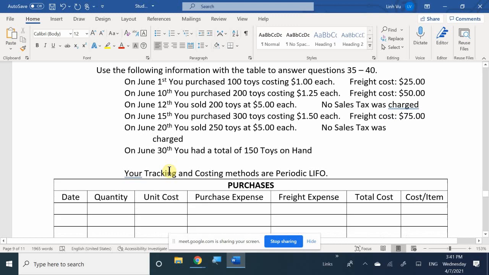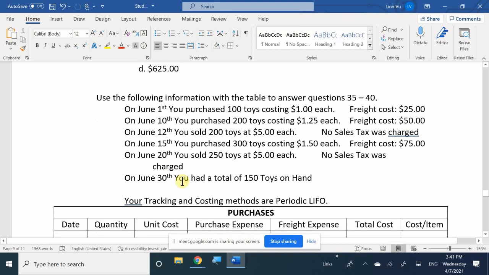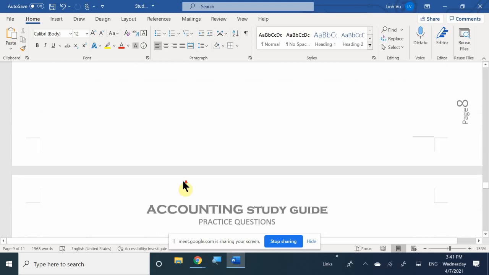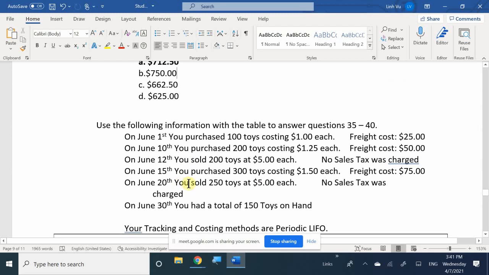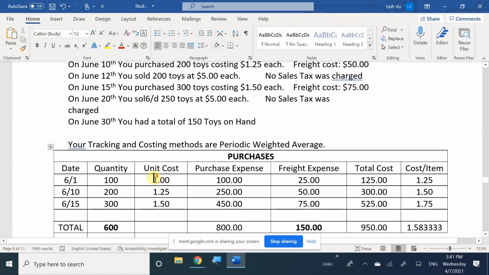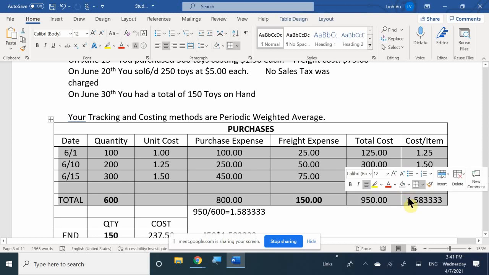So once again, this time we're going to be doing the same exact thing, except we are looking at periodic LIFO. Just to save some time, because it's identical, the only difference here is that we are looking at a different costing method. I'm just going to go ahead and pull the information from this right here, because it's identical information.